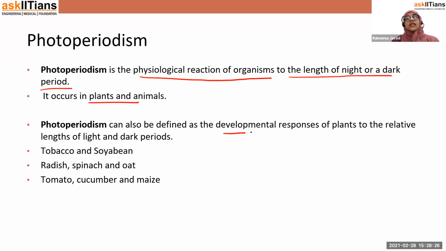Okay, it can be defined as the developmental response of the plant to the relative length of light and dark periods. So on the basis of the length of the day, we have three types of plants: short day plants, like tobacco and soybean. Short day plants are those plants which require less than 12 hours of light for flowering.